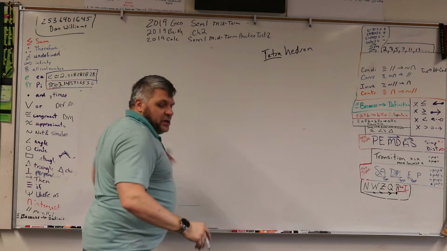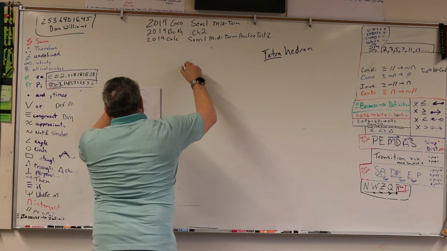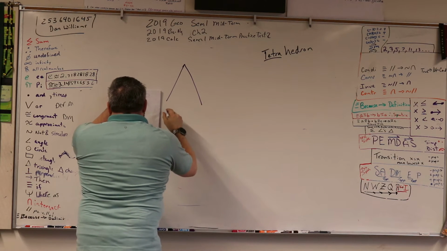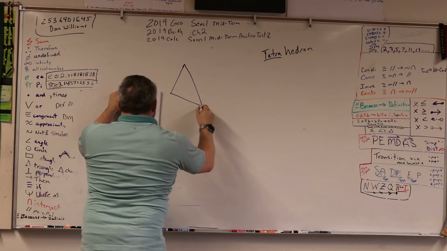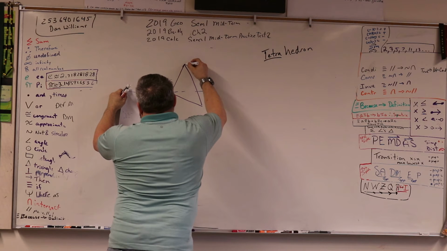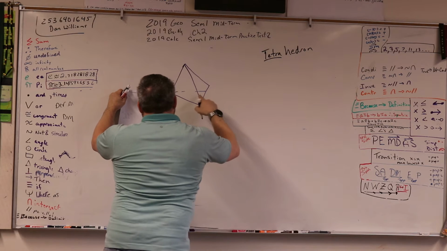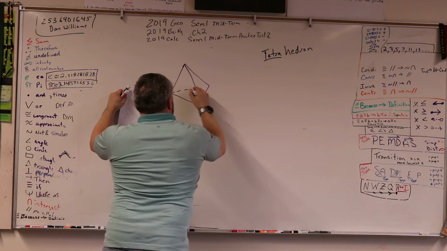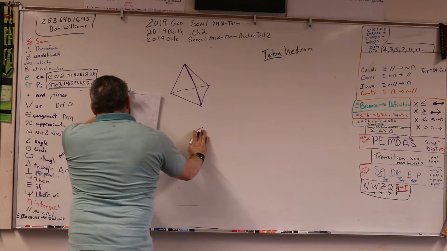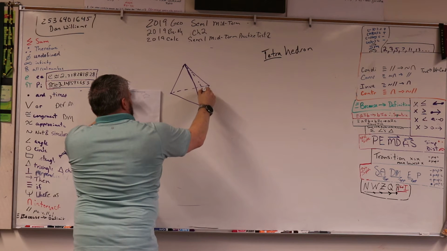Now, you don't really need to know about hedrons in here. It's just nice to know that. But with this shape that they're trying to get you to understand, they have this rectangle, and then they have these parts right here.